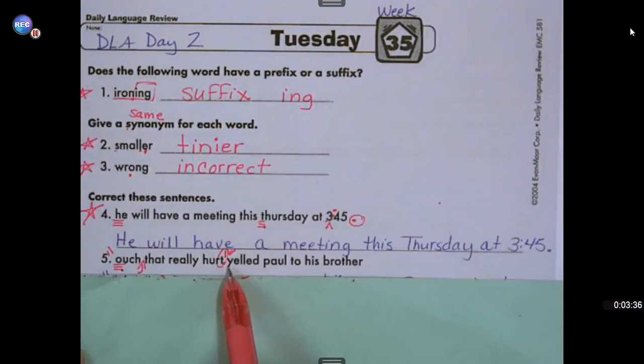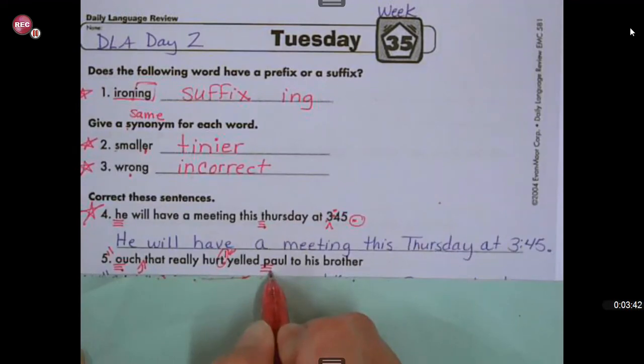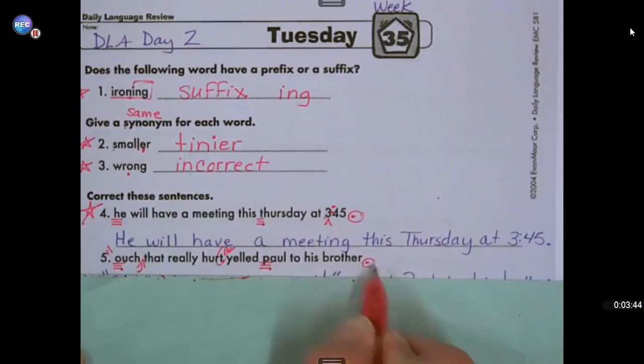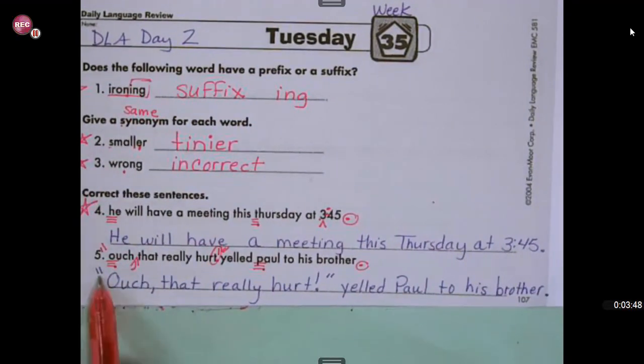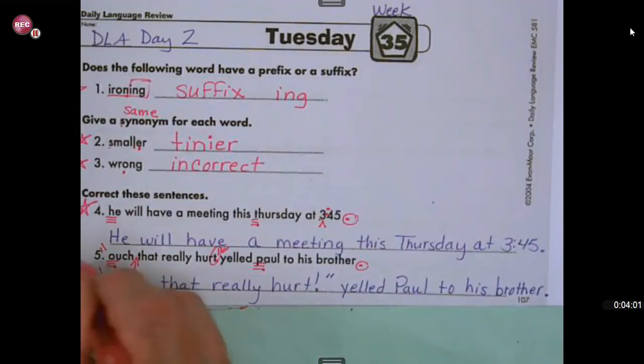Yelled needs to stay lowercase because it's not the beginning of the sentence. But we are going to put a capital P for Paul because it's his name and a period at the end. So your sentence would look like this. Ouch, comma, that really hurt with an exclamation, yelled Paul to his brother, and a period at the end. Make sure you have your quotation marks around the words that Paul yelled. If you got that right, go ahead and give yourself a star.